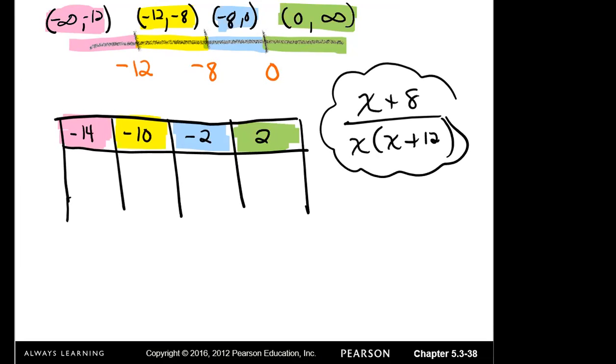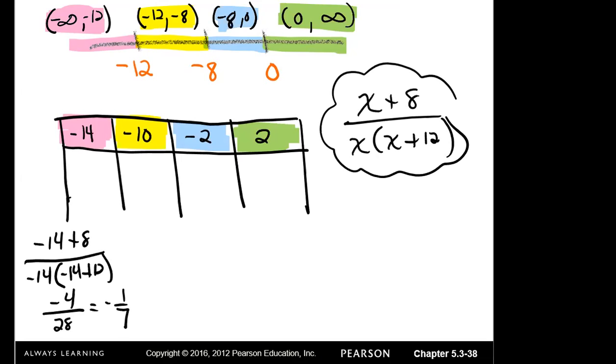So for the pink one, it's going to be -14 plus 8 over -14 times -14 plus 12. That's going to be -4 over, let's see, -14 plus 12 is -2. -2 times -14 is a +28, which would reduce to -1/7.